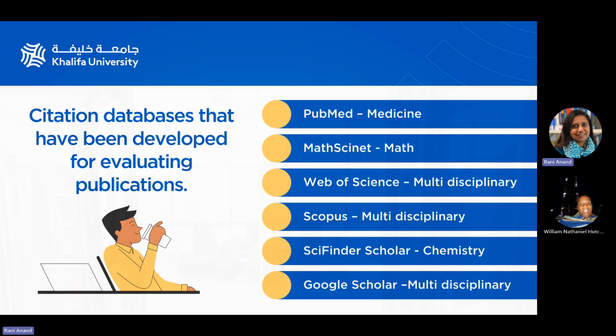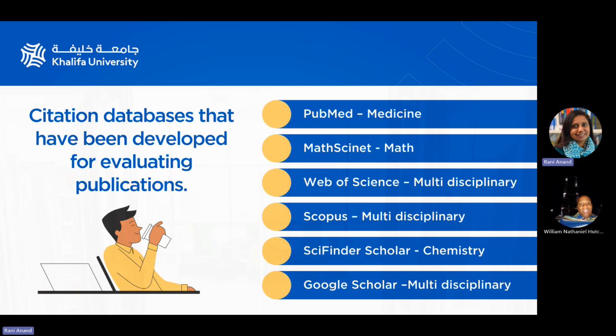There are subject-specific citation databases like PubMed. PubMed is a citation database for medicine. MathSciNet is a citation database for mathematics. Web of Science is a multidisciplinary database. It focuses on science, but there are social science journals in Web of Science. Scopus is also a multidisciplinary database, but the main focus is science.